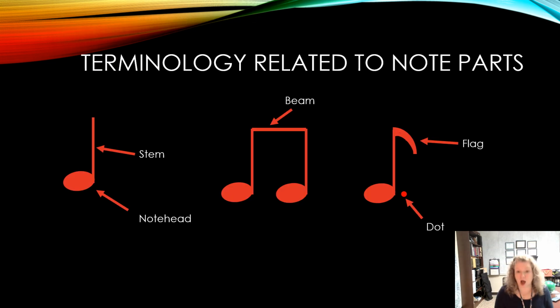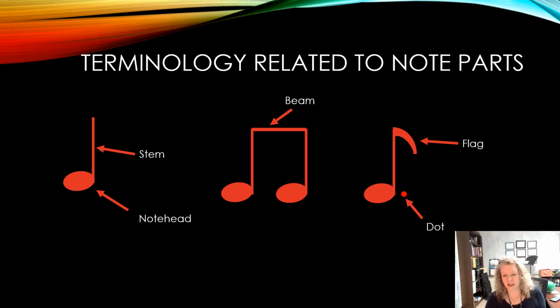Here is some terminology related to the parts of notes. So we have a quarter note over on the left-hand side of this screen. You see the arrow pointing at stem. The circle part is the note head. In the middle of the screen, you have an eighth note. The part across the top is called a beam. This is two eighth notes paired, or two eighth notes that are beamed together.